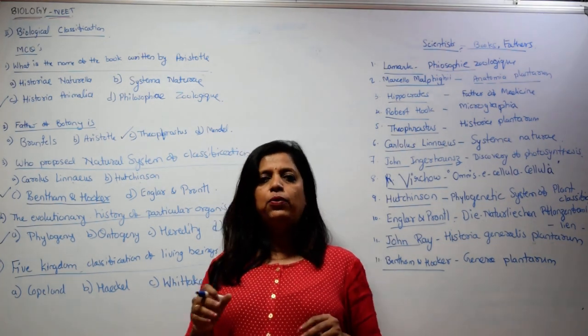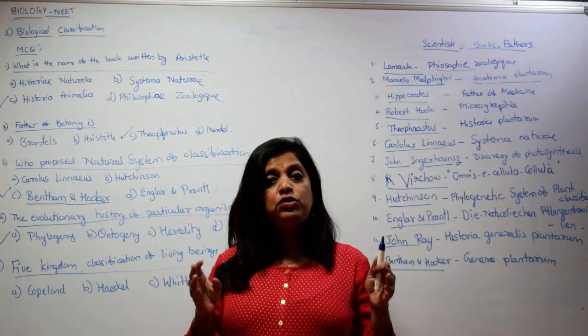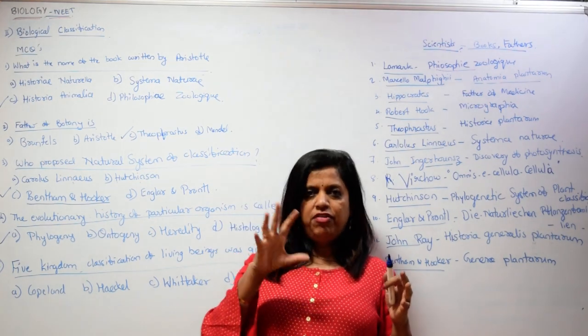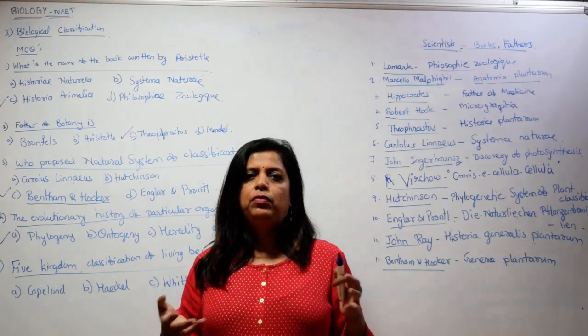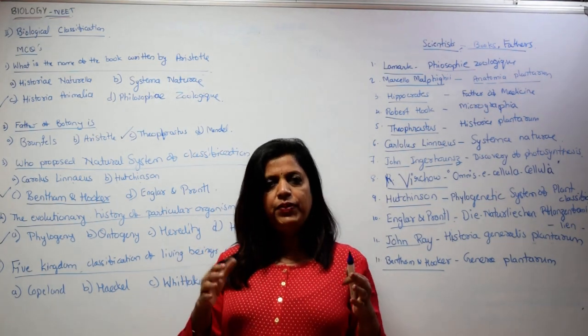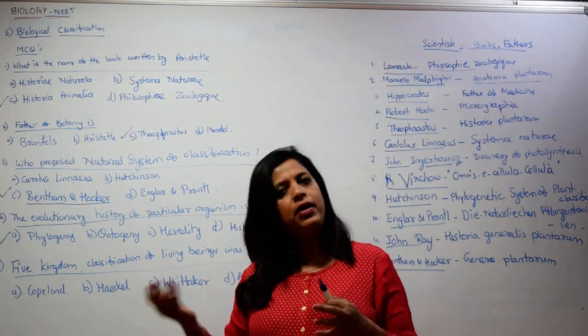Then third comes Mycota. Mycota is about the fungi. We call them non-photosynthetic plants. They don't have chloroplast. They depend on dead and decaying matter. Like you have Penicillium, you have Agaricus.